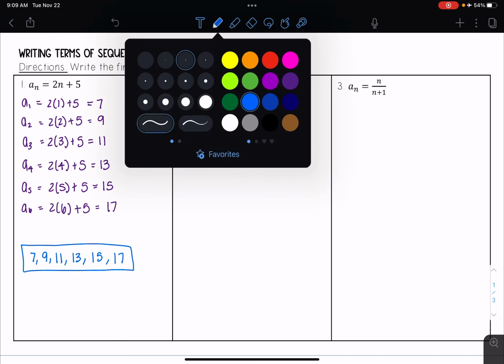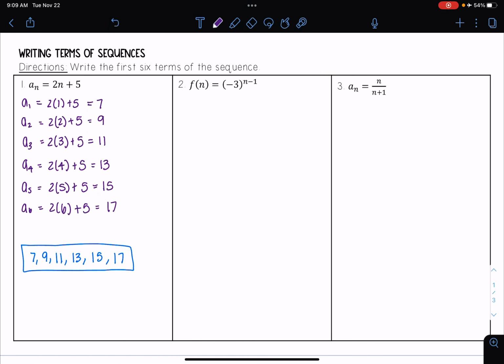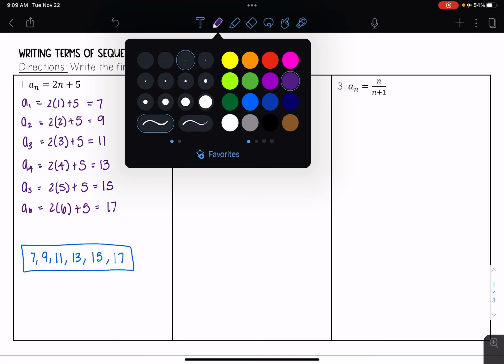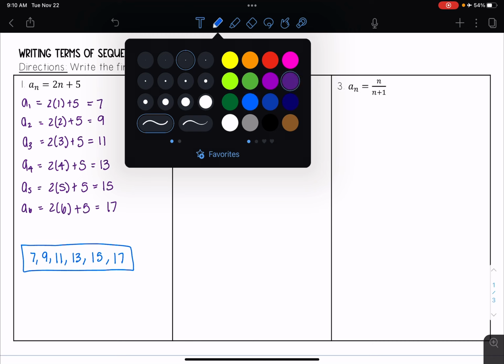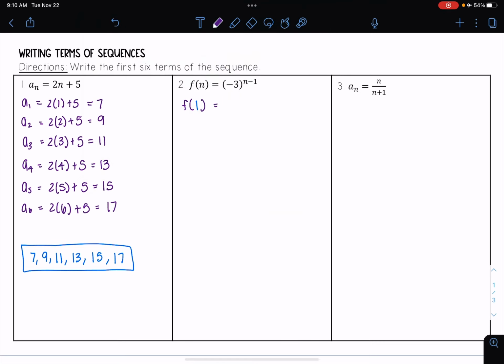Okay, let's try another one. So here it's written a little bit differently. I have f of n is equal to negative 3 to the n minus 1. This is the same thing as if I were to write a sub n here. It's just showing it in a different format. And so the first term is still going to be starting when n is equal to 1. And so I have f of 1, which here, just to illustrate this point, I'm going to use a different color, is equal to negative 3 to the n minus 1.